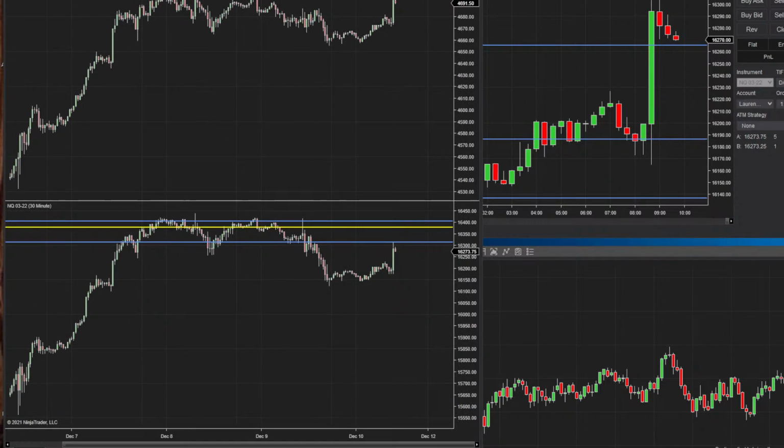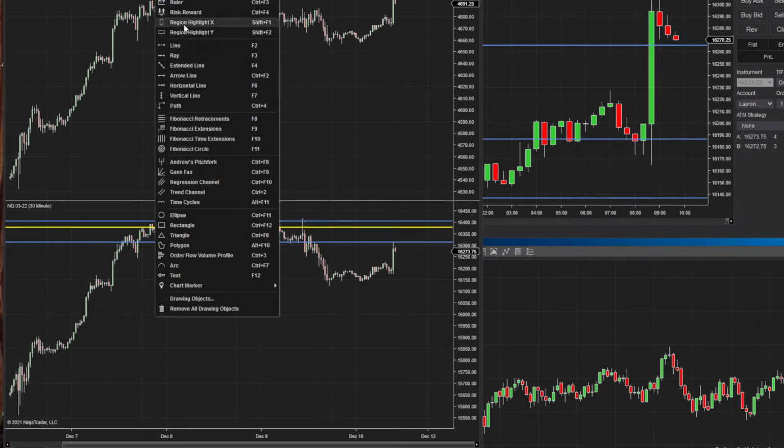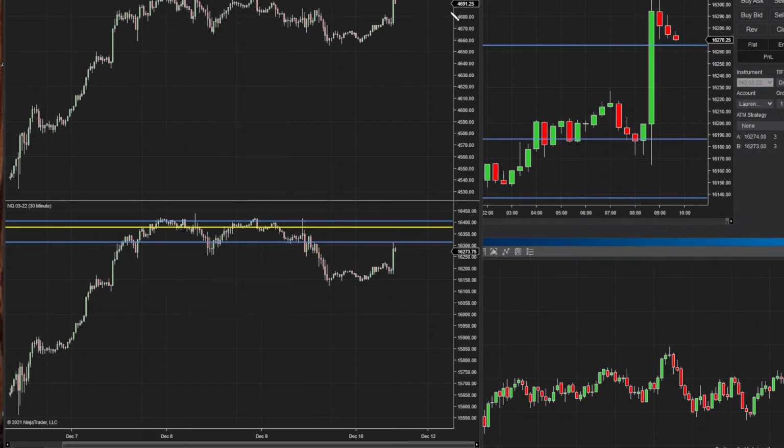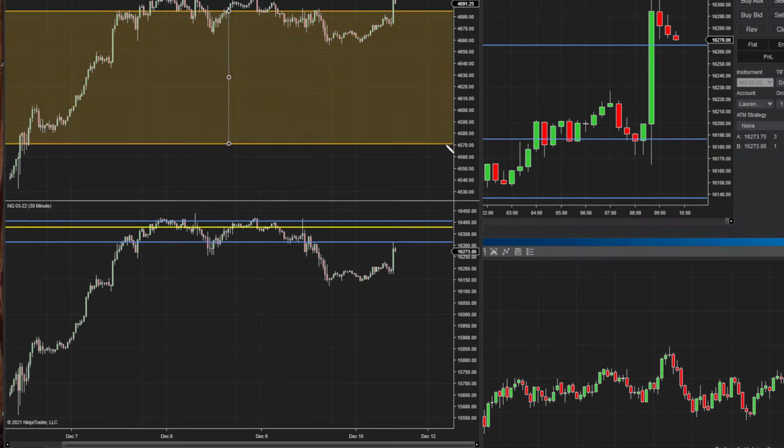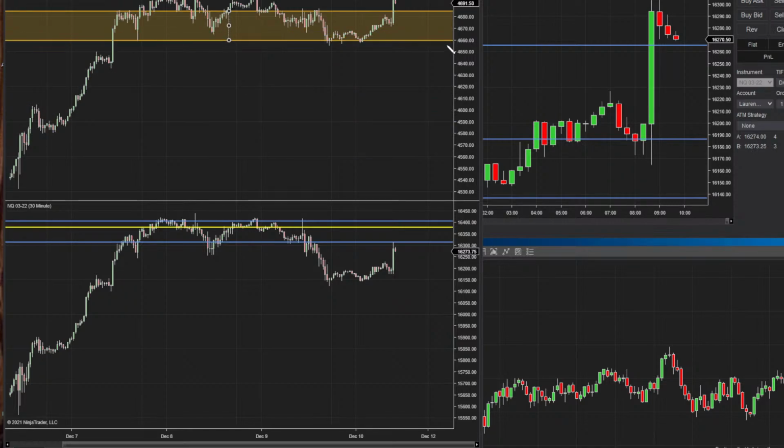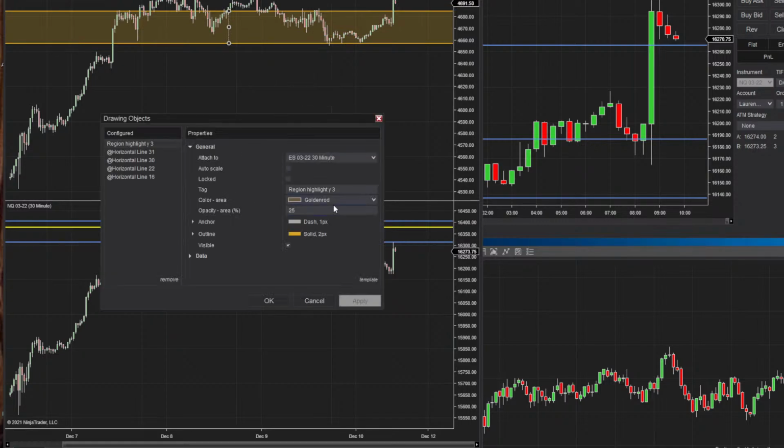All right, let me put up my swing zone. 46.83. So now I need to make new ones of this. 83 to 57. It's funny because I just updated this, like the color of this, like two days ago.